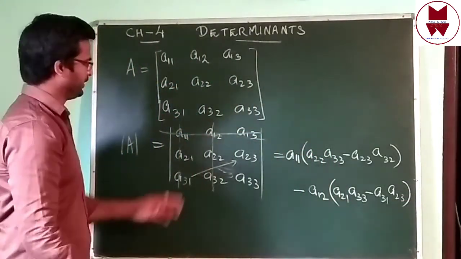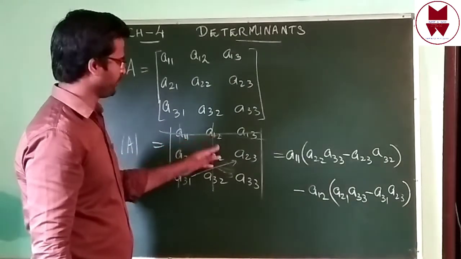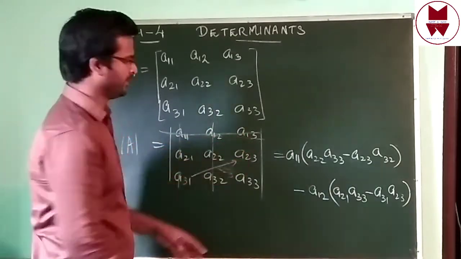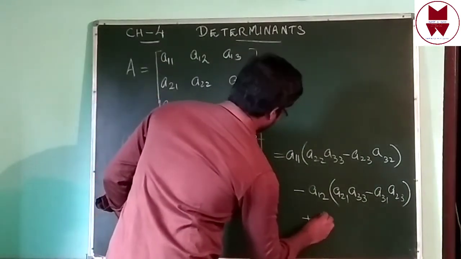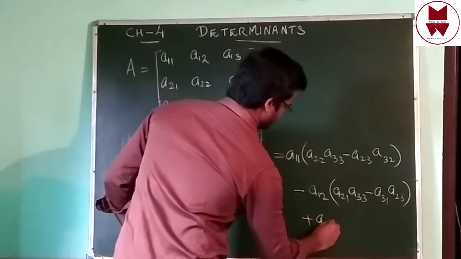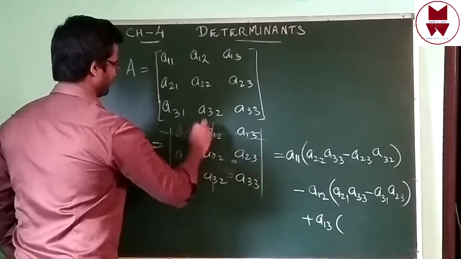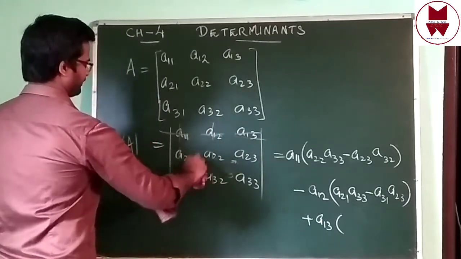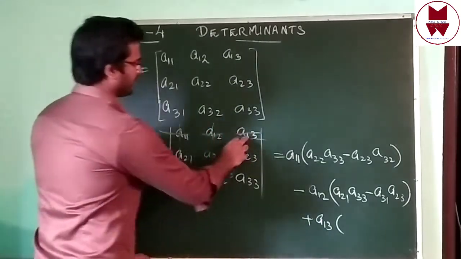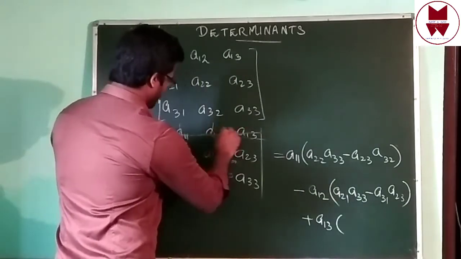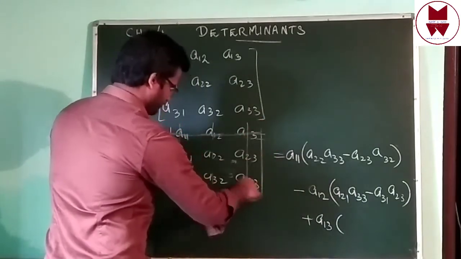Then using this element also we did. Then use the next, plus A13. If we use A13, that means first row, third column, leave it.